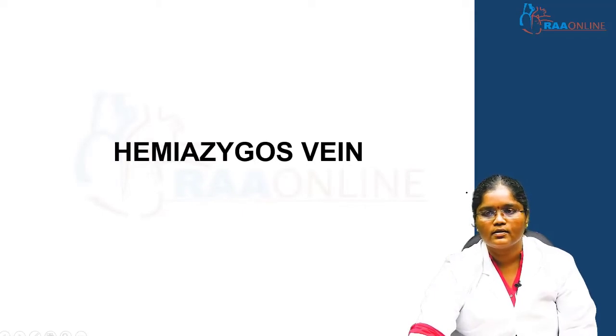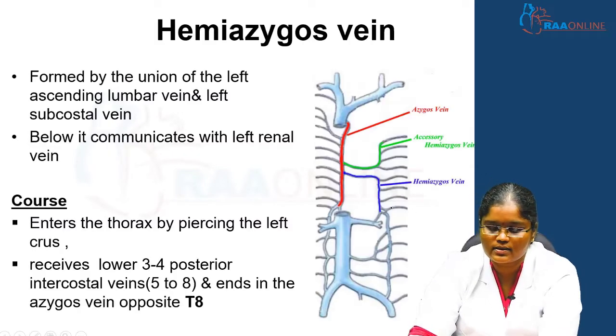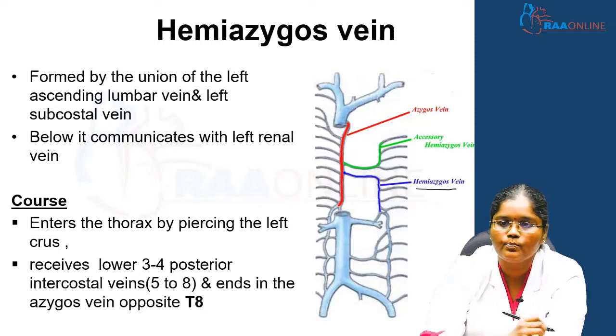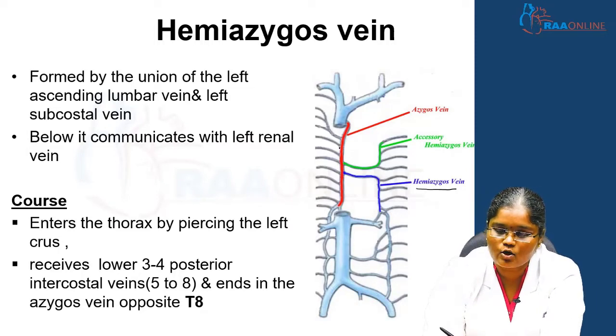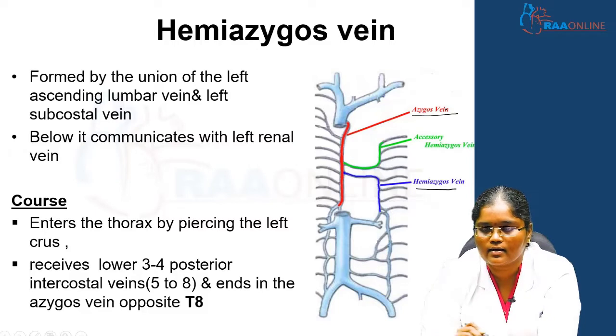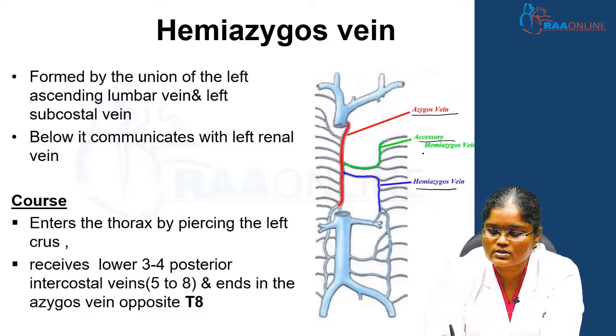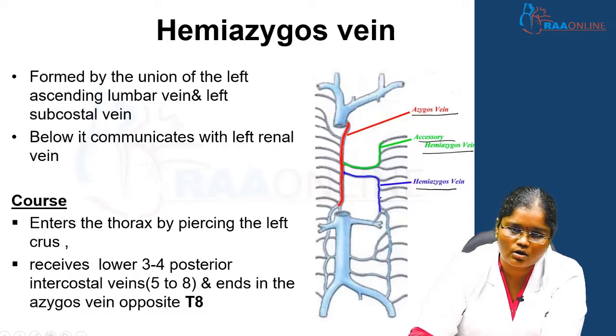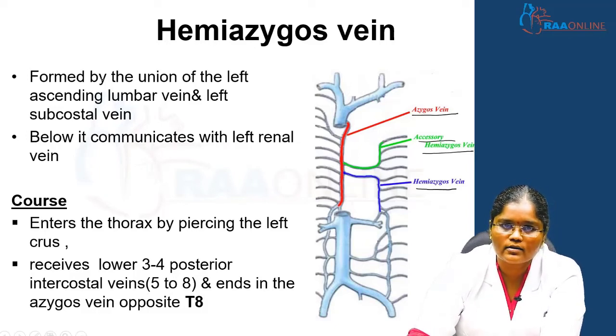Let's go to the next vein of the azygos system, that is the hemiazygos vein. In this diagram, we have shown the hemiazygos vein in blue color, the azygos vein in red color, and the accessory hemiazygos in green color. This hemiazygos is a short vein formed by the union of the left ascending lumbar vein and the left subcostal vein.